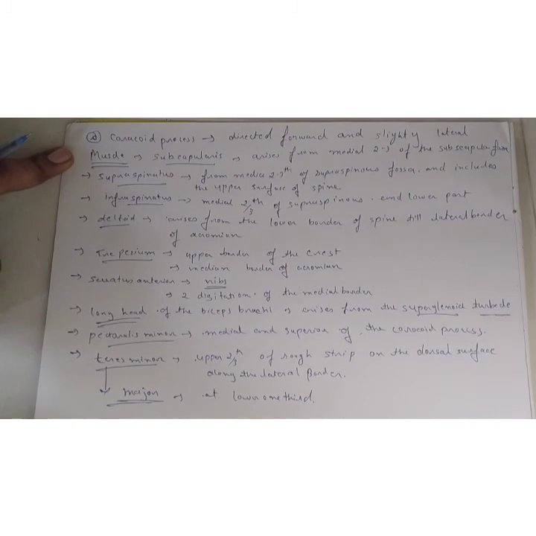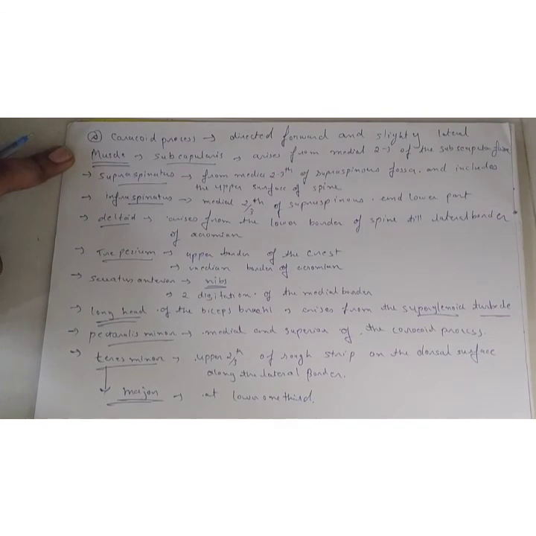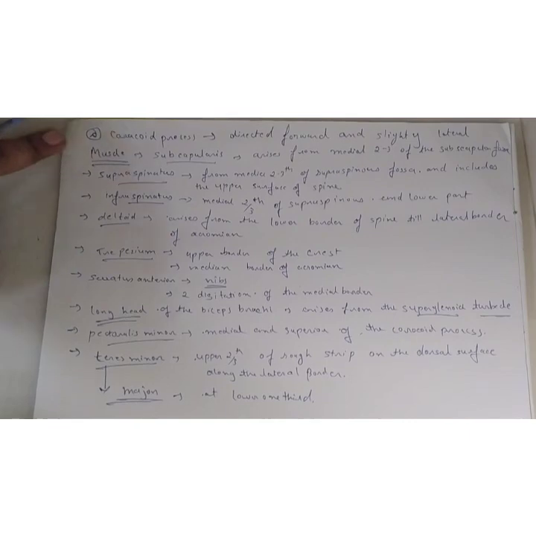And one more is rhomboideus major, which is inserted into the upper part. So like this, we have almost 14 types of muscles in the scapula. And so this was the general information about the scapula.